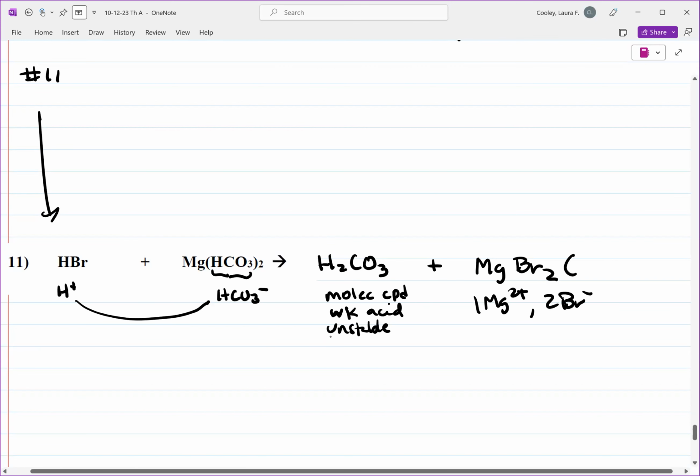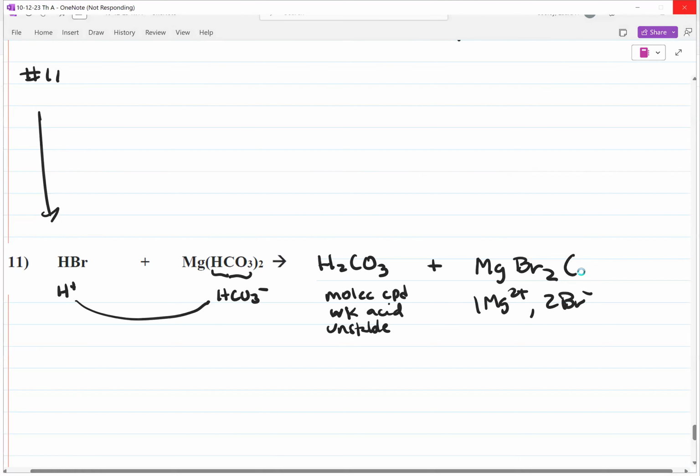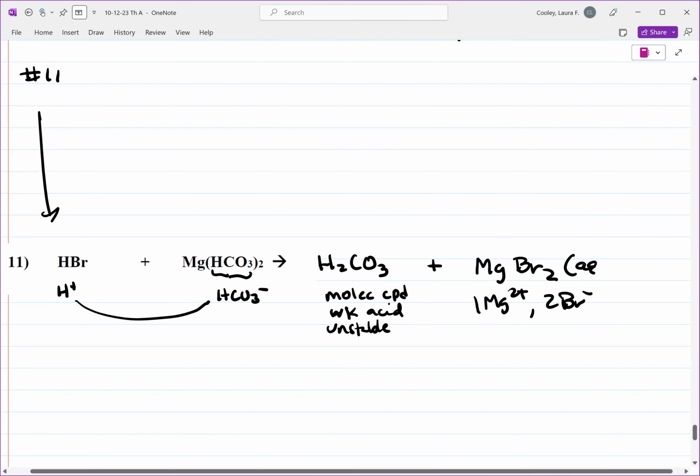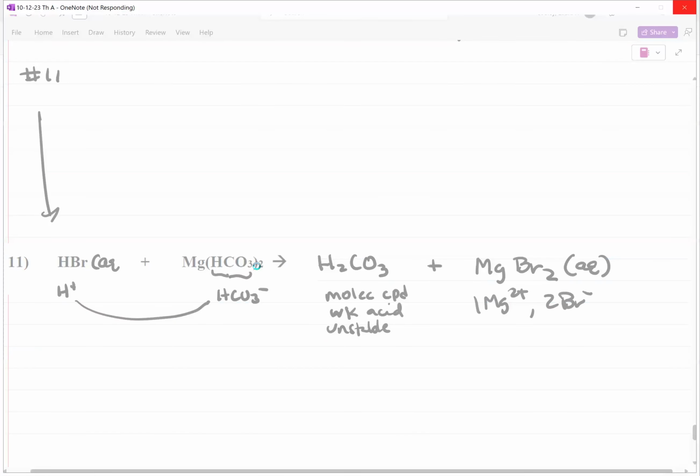Which is it, aqueous? Yes, it is. And now, okay, and we know the acid is aqueous, and we know bicarbonates are, we just wrote it in, that they are all soluble, so this is aqueous.